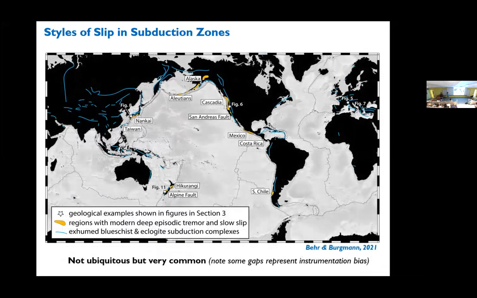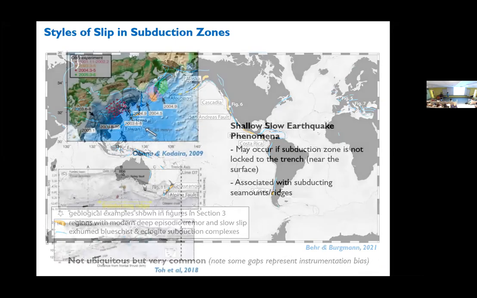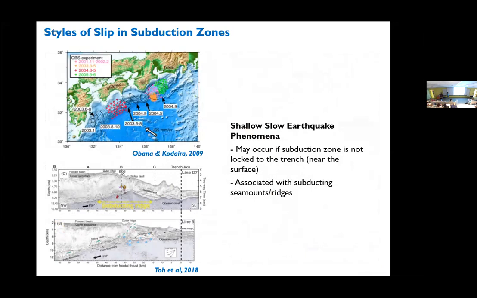We see this episodic tremor and slip along most subduction margins where there's enough instrumentation to see it, and likely we'll see it at almost all subduction margins with more instrumentation. Slow slip also occurs in the shallow subduction environment, as well as in strike slip fault zones.